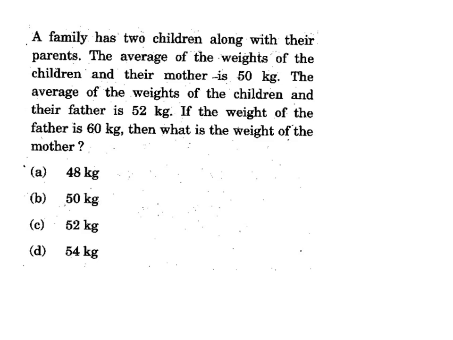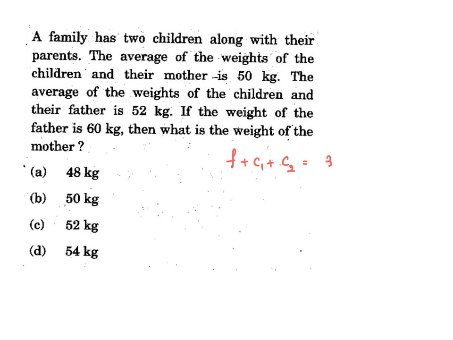A family has 2 children along with their parents. The average of the weight of the children and their mother is 50 kgs. And the average of weight of children and their father is 52 kgs. If the weight of the father is 60 kgs, then the weight of the mother is. First take father plus child 1 plus child 2. Average is 52.